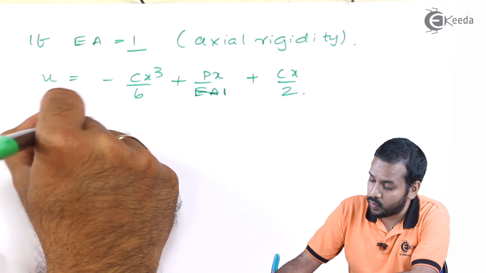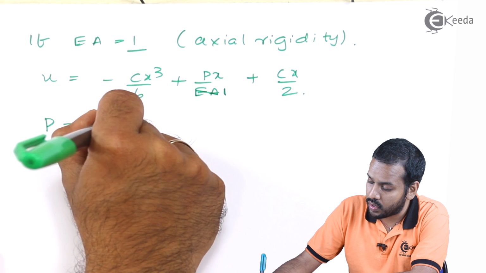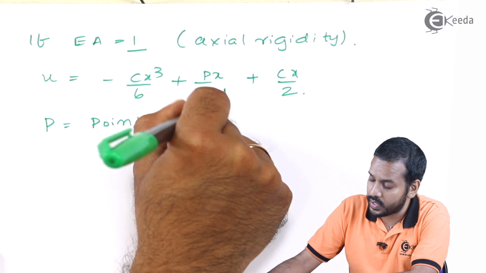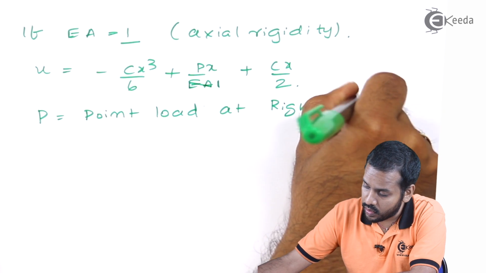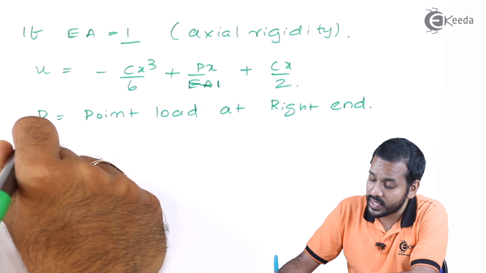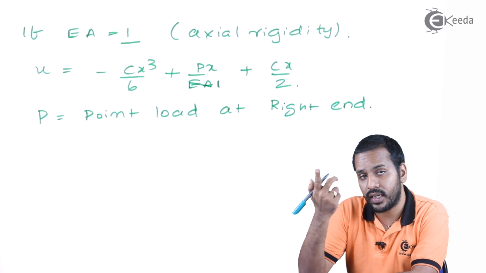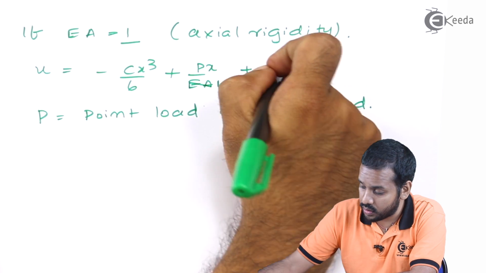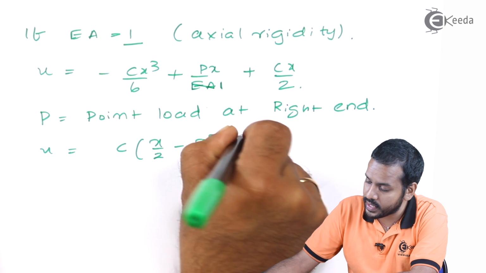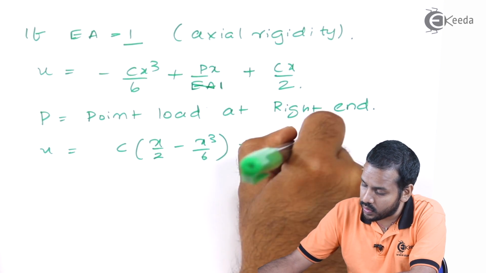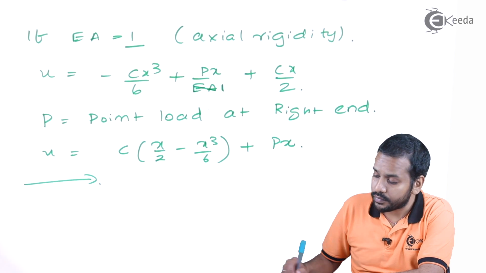Remember, what is P here? P is the point load at right end. What is C? C is involved in our distributed load. C into x by 2 minus x cube by 6 plus px.